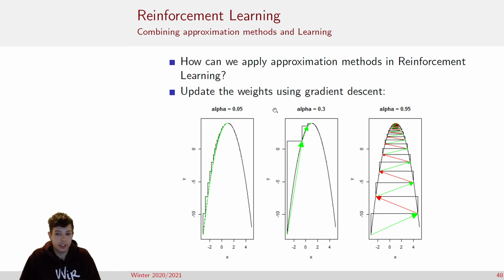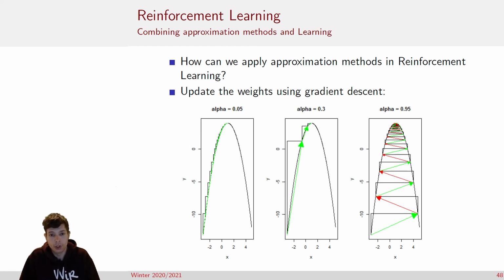A very small alpha, on the other hand, makes learning very slow, but that is not such a big problem. So if you start at a value that is too small, you can just gradually increase it, not over iterations inside the algorithm, but over running the algorithm certain times yourself.